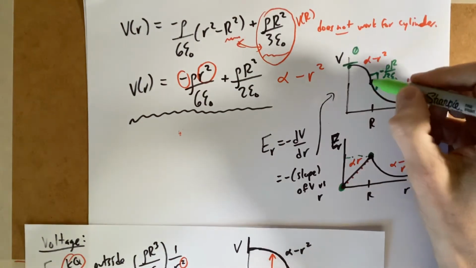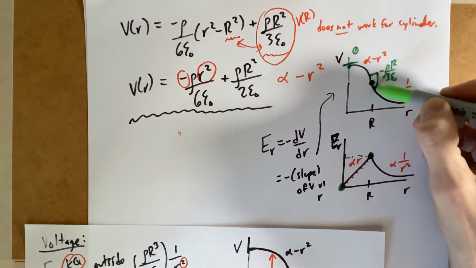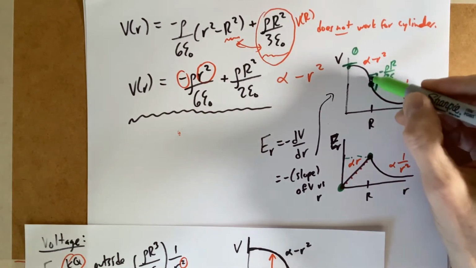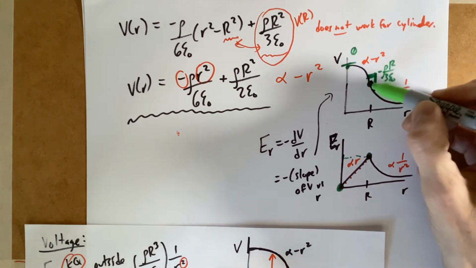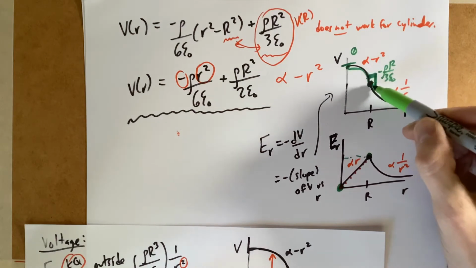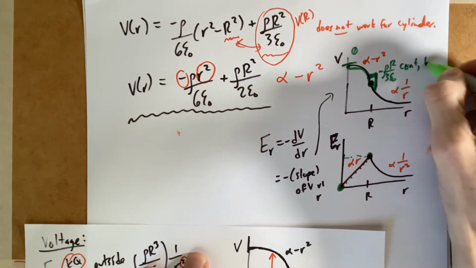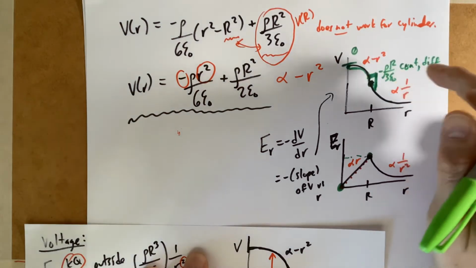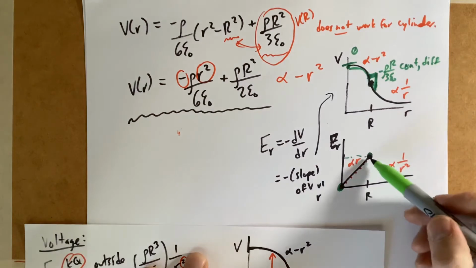And notice here that as an added bonus, not only does the voltage graph stay continuous, it actually stays differentiable. This slope is exactly the same from this function and from this function, and it has to stay that way because the slope has to give the electric field, and the electric field is very well defined here.